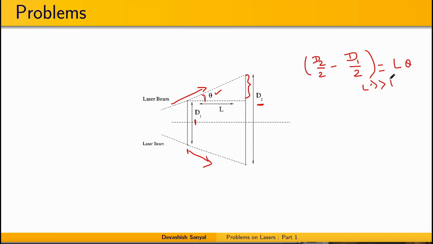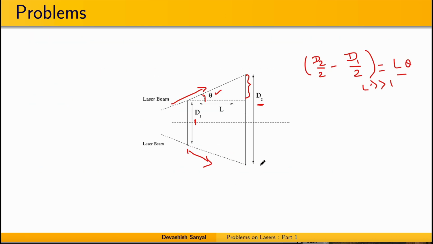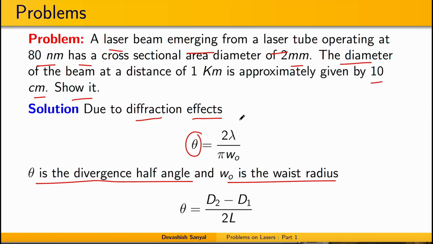If that is the case, then you can write it like this, and from here I get theta. Everything is given, so you can find theta and put it here. For D1 you put the waist diameter, which is twice W0, and you will get D2. L is given, L is 1 kilometer.